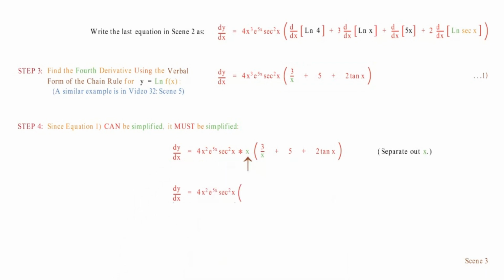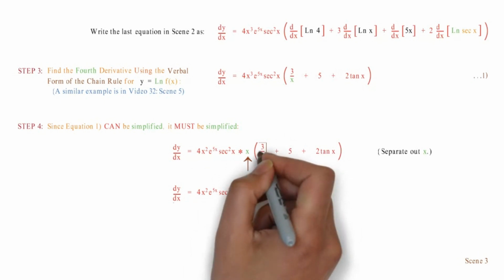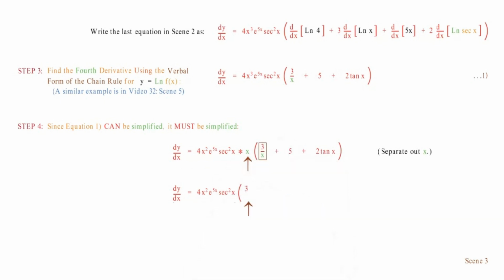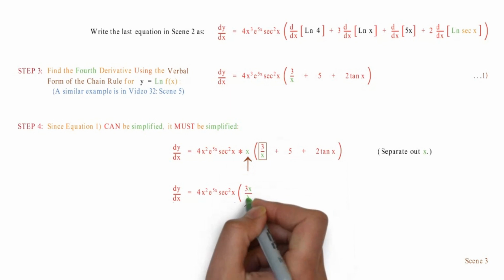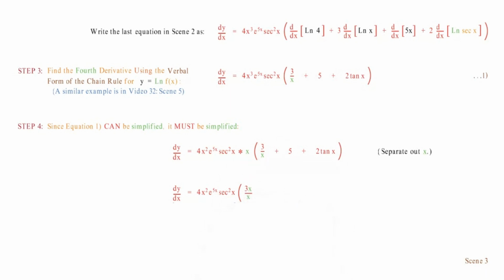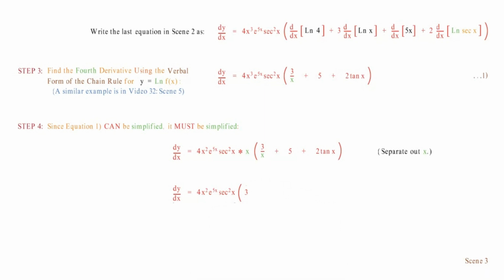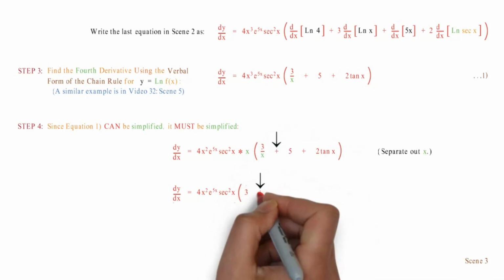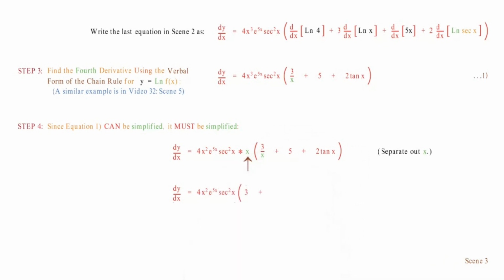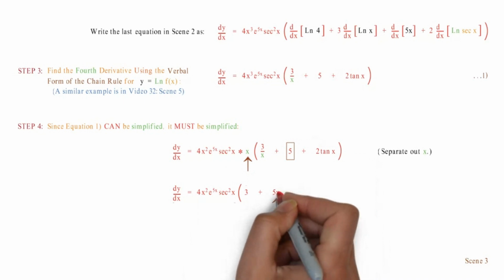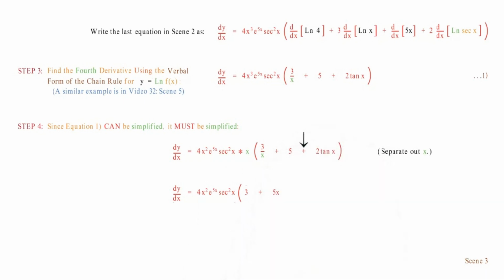X times 3 over x is 3x over x. Now cancel x with x. Plus is plus. X times 5 is 5x. Plus is plus.